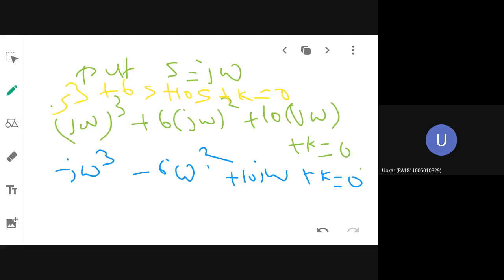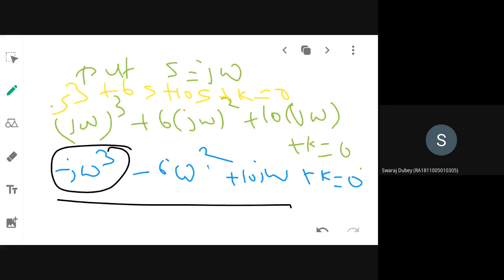In this, what is your imaginary part? The imaginary part from this equation is minus j omega cubed plus 10 j omega.